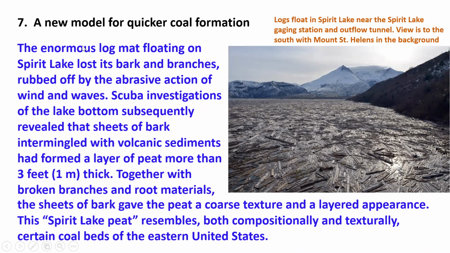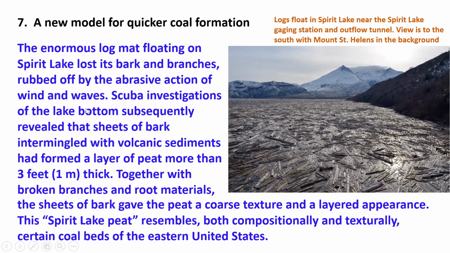The seventh wonder is the new model for quicker coal formation. You have the enormous log mat floating on Spirit Lake. It lost the bark and the branches. Remember, you see all the tree trunks, no branches, no leaves. All these were rubbed off by the abrasive action of wind and waves.